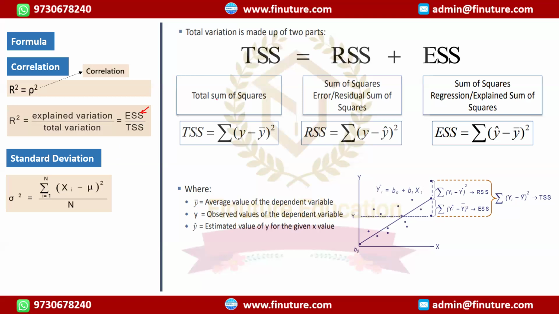But let's understand what this ESS and TSS means. TSS eventually means if you have got a certain data set, say a data set of your dependent variable, which could be the stock returns that you are trying to understand. So in this plot, you can think of X as an index return, just for the sake of understanding, and Y as the stock return that you are trying to analyze.